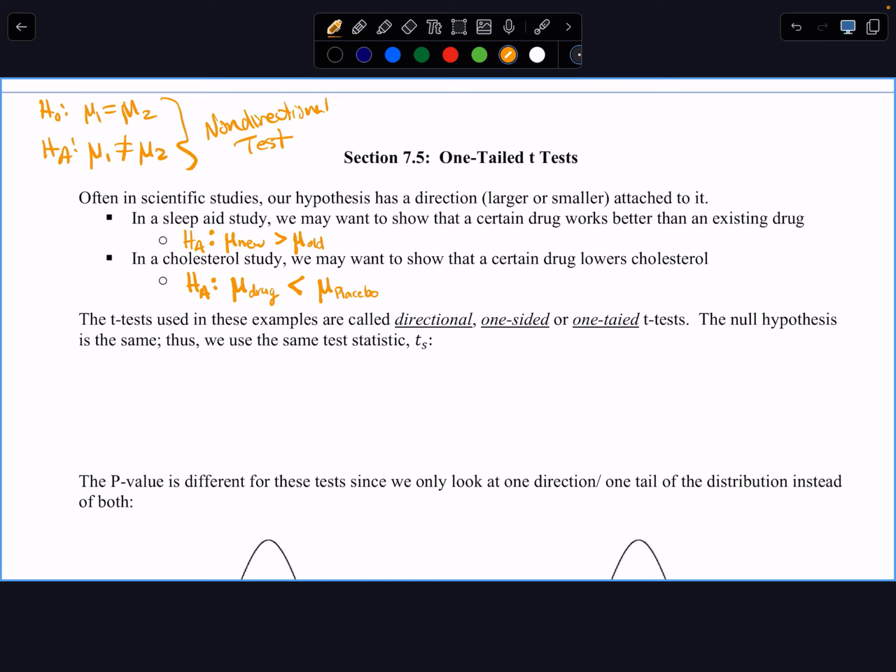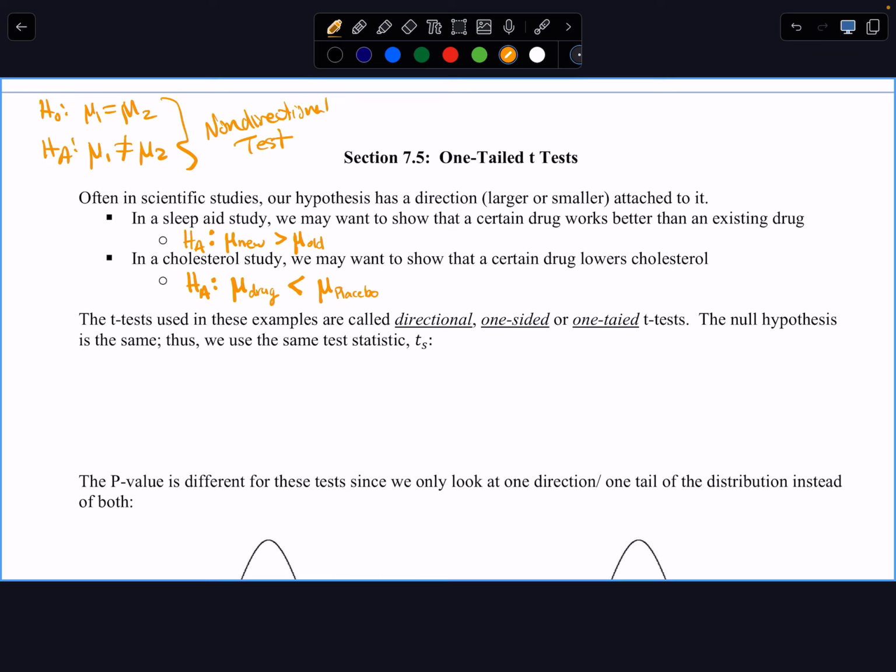And so here I have a less than as my alternative hypothesis. Okay? So instead of calling t-tests with alternatives that use a less than or a greater than symbol non-directional, they now have a direction. Okay?